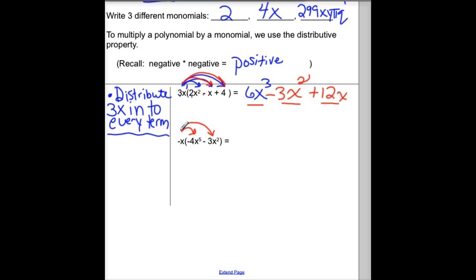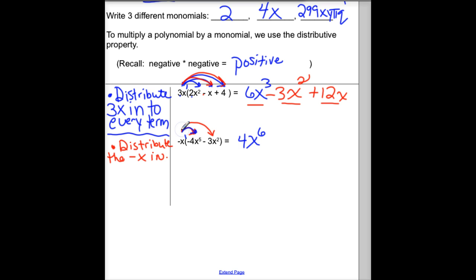So on this one, I'm going to be distributing or multiplying the negative x in. Hippity-hoppity, distributive property. So on the first hop here, I've got a negative times a negative, giving me a positive 4. X to the 1st and an x to the 5th gives me an x to the 6th.